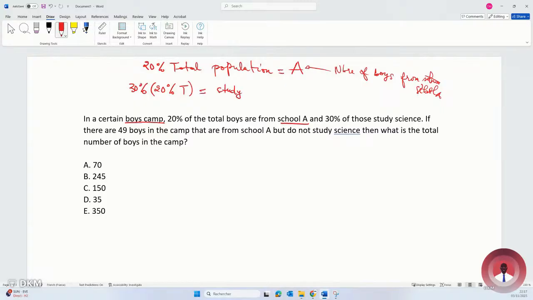So here we have 30% of the students that study science.